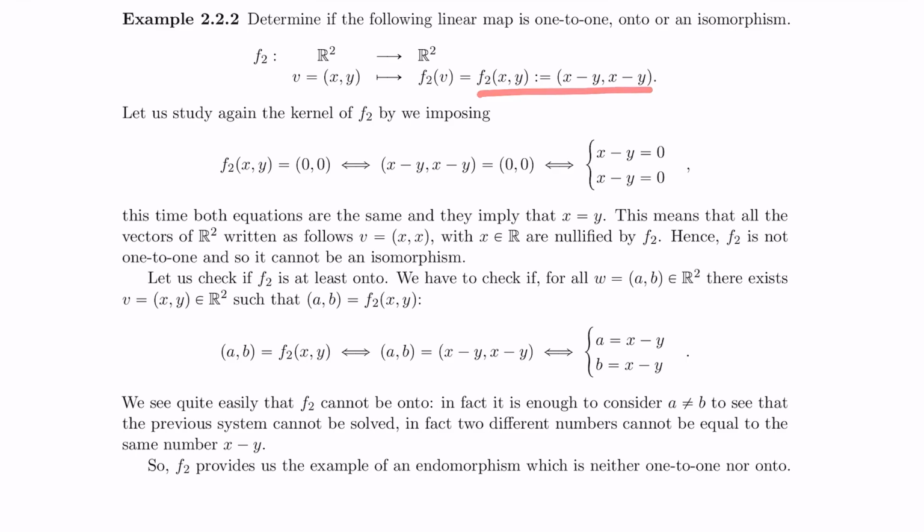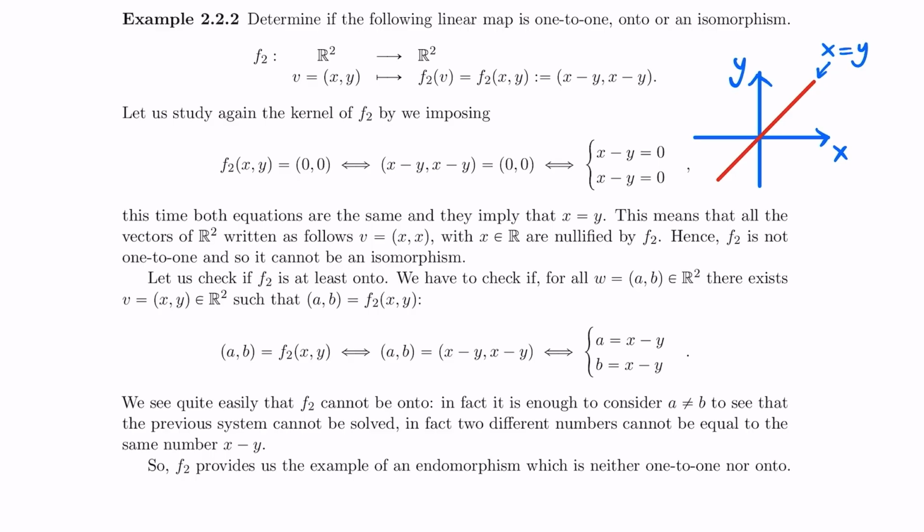Using this expression, we find this vector equation, which is equivalent to this system of linear equations. However, notice that both equations that appear in this system are exactly the same, and in particular, they imply that F2 of x and y is nullified if and only if x is equal to y.